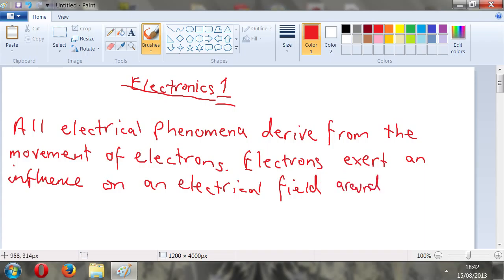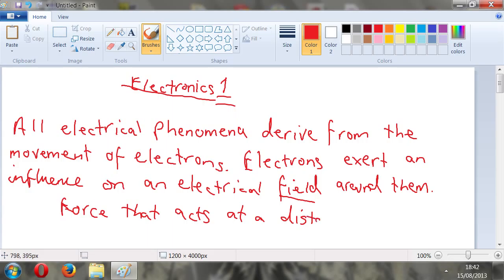But before we get to electrons, what I wanted to do is this is obviously very important, and it's key really to how electricity works. This word field is a force that acts at a distance. It's just after gravity, a bit like gravity.